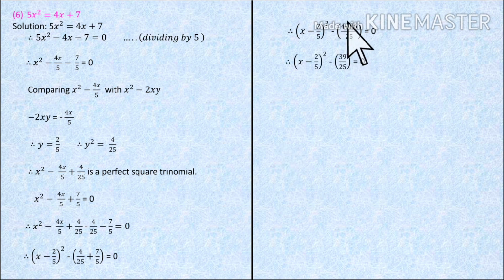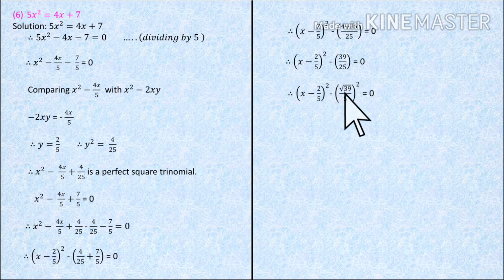Next step, we can add 4 plus 35. First bracket as it is, (x minus 2 by 5) square minus 39 upon 25, which is equal to 0.